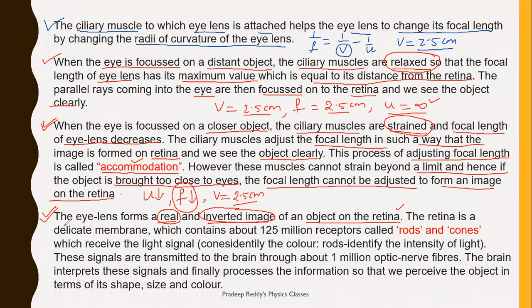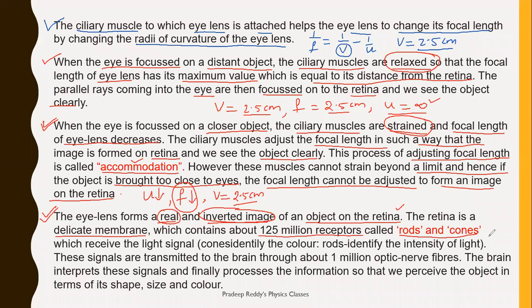The retina is a delicate membrane which contains about 125 million receptors. Receptors mean receivers. These 125 million receptors present on the retina are called rods and cones.